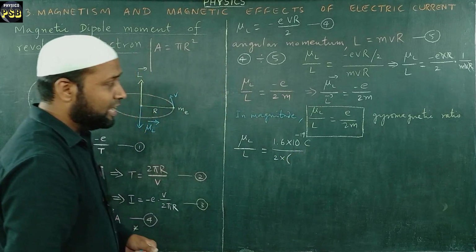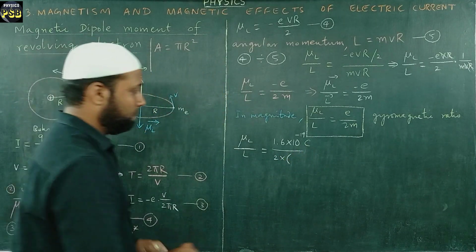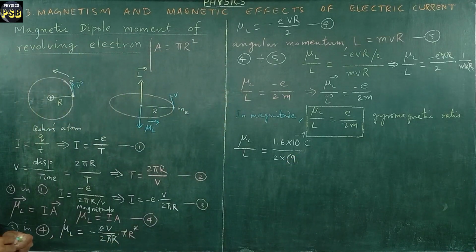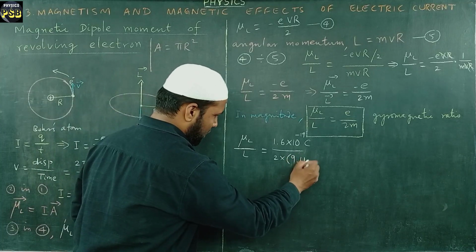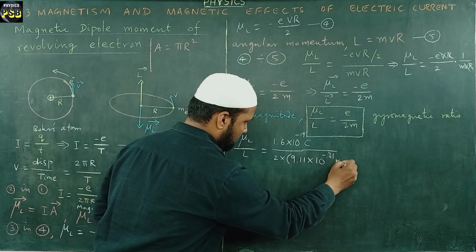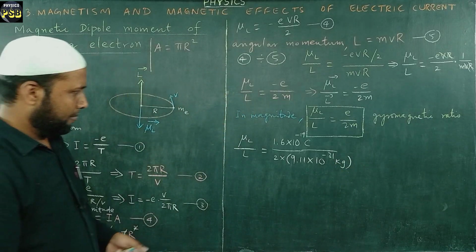The mass of the electron is 9.1 × 10^-31 kilogram.